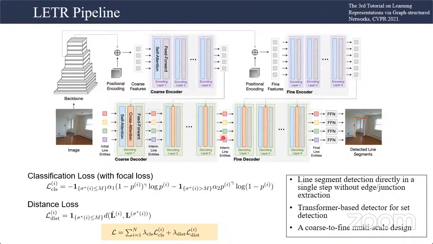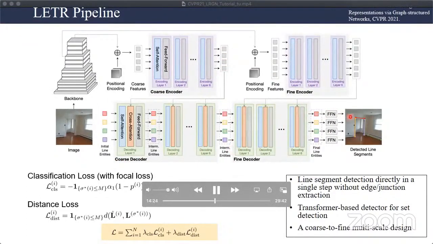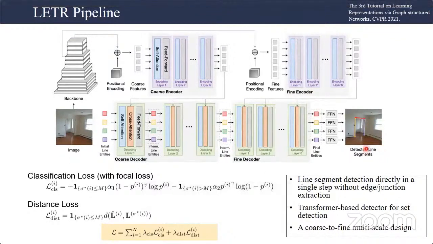And then the output of the coarse decoder is the input for a fine decoder, which uses the output of a fine-level encoder. So our LETR consists of a 2-decoder and encoder strategy, 1 coarse level and 1 fine level. And the end result will be the detected line segments all together.